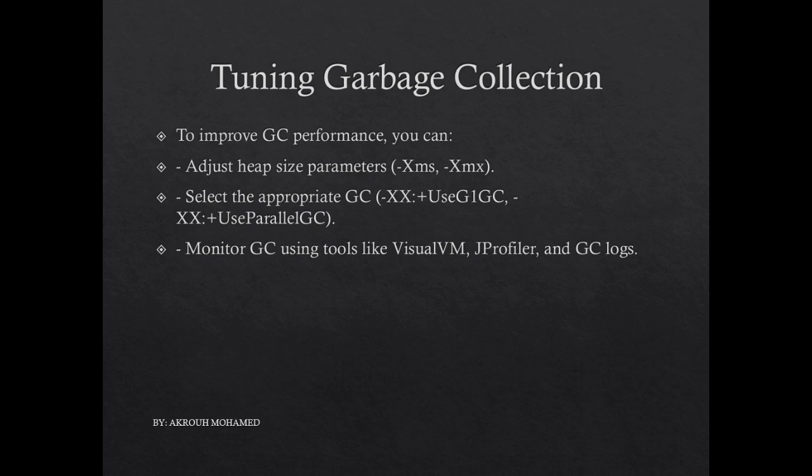For example, use the -XX:+UseG1GC flag for G1 GC, or the -XX:+UseParallelGC flag for parallel GC. Finally, tools like VisualVM, JProfiler, and GC logs are useful for monitoring memory consumption and analyzing garbage collection performance. These tools can help you identify bottlenecks and fine-tune your application.